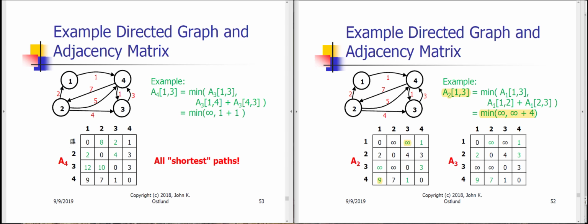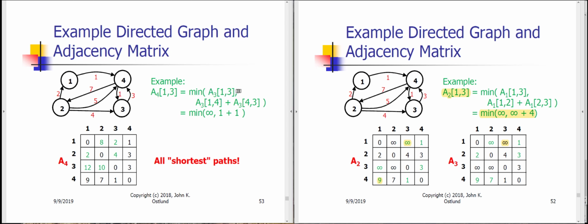Let's take a look at going from node 1 to node 3 now that we're allowed to use node 4 as an intermediate node. Okay, so going from node 1 to node 3 is either the shortest path that we had so far discovered in A sub 3. Well, that's not very helpful. That's infinite. So hopefully we're going to be able to do something better than that.